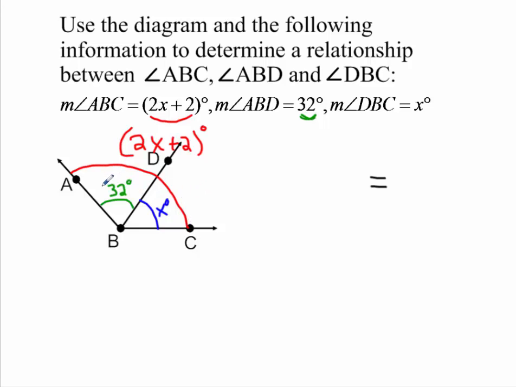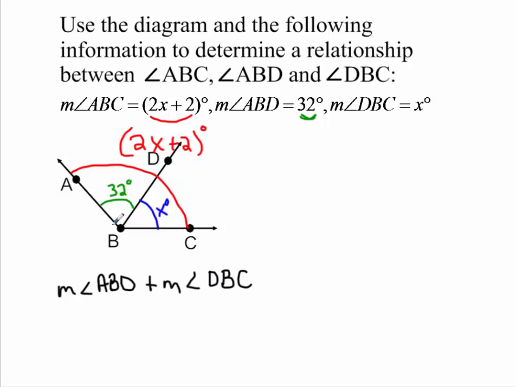So if I were to be talking about the measures of the angles, for instance, the measure of angle ABD, so the measure of this angle here, plus the measure of angle DBC, which is this angle here.